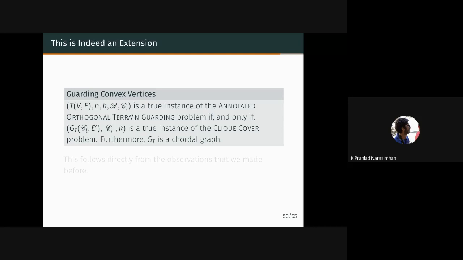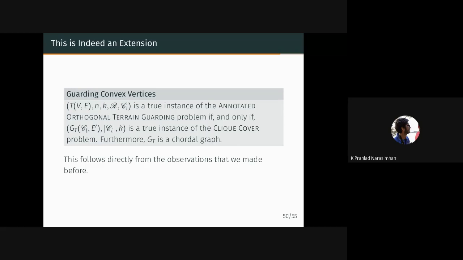And we also noted that to see CL, I just need a bunch of left guards. So I can apply the main theorem that we just got to this particular problem. Okay, so this is exactly what Katz and Roisman got in 2008 for orthogonal terrains. So this comes as a direct corollary of the theorem that we proved.